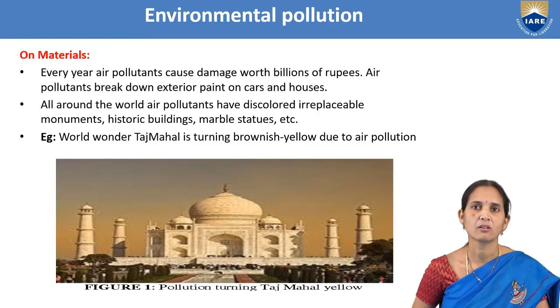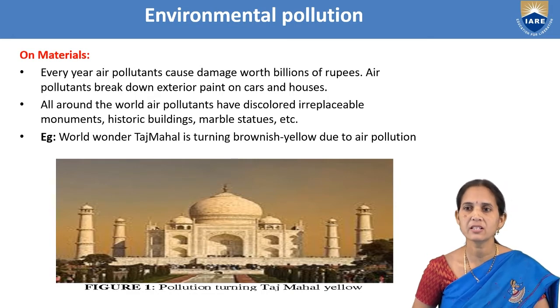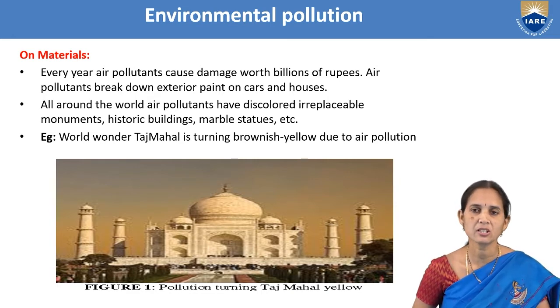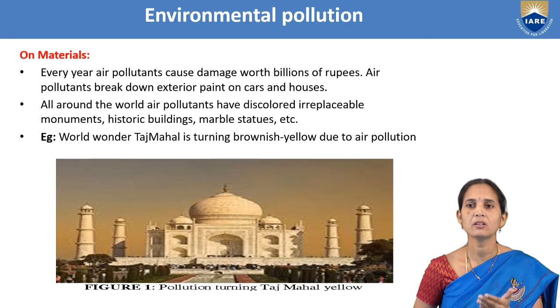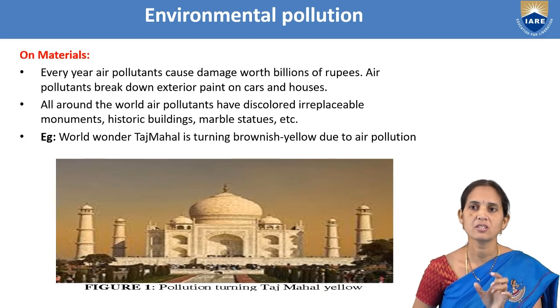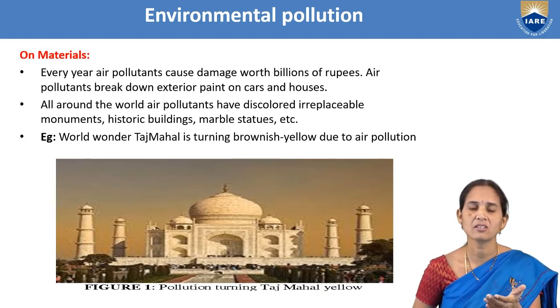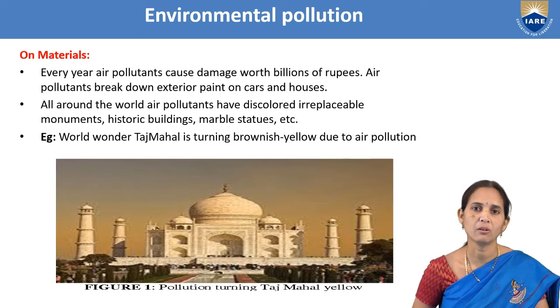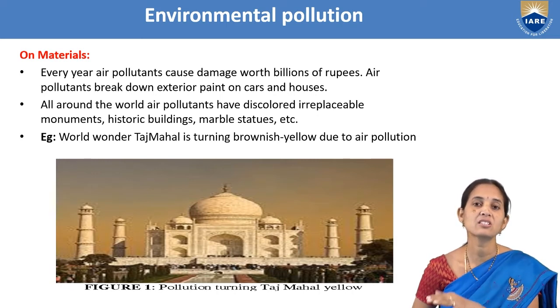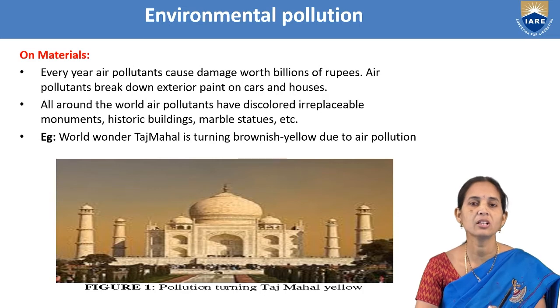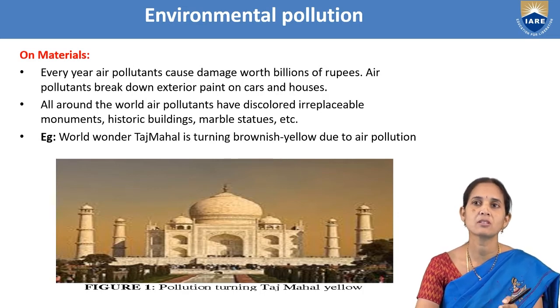On materials, we can take the example of the Taj Mahal. Here we can see that because of acid rain, the Taj Mahal slabs are slowly turning yellow. Every year air pollutants cause damage worth billions of rupees.